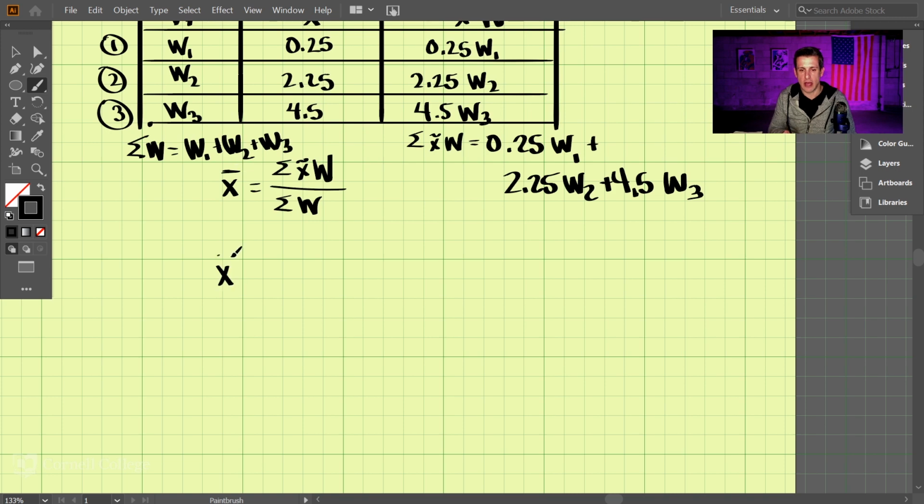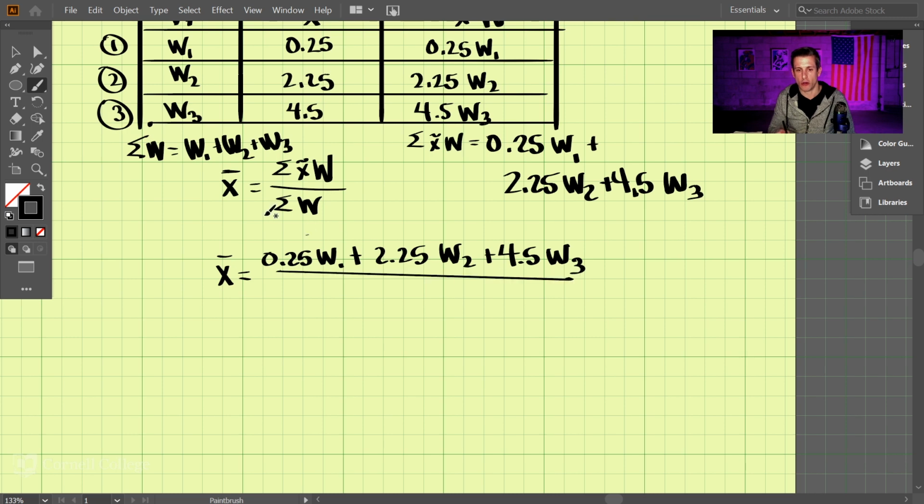We have X bar is equal to the sum of X tilde times W, 0.25 W1 plus 2.25 W2 plus 4.5 W3 divided by our total weight, which is W1 plus W2 plus W3. Now, if we had numbers for each W1, W2, and W3, we could figure out this value.